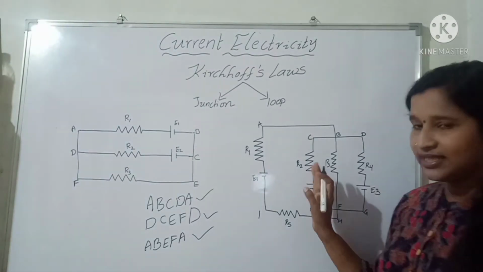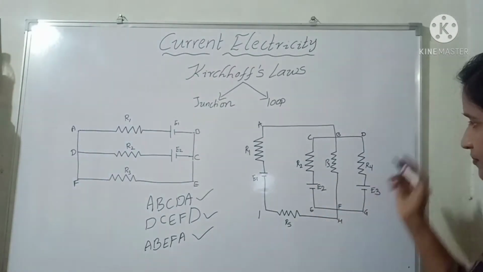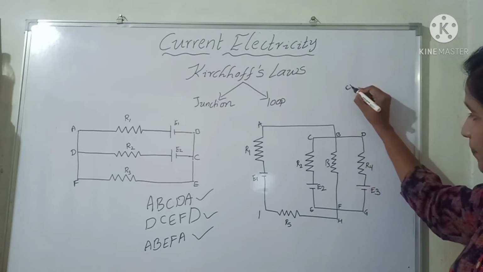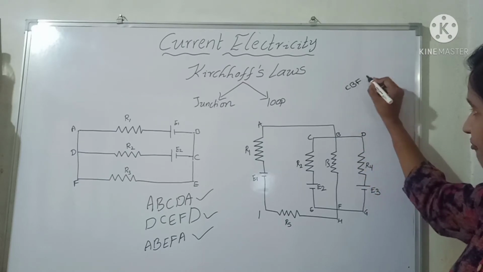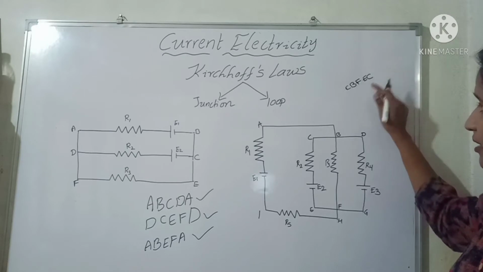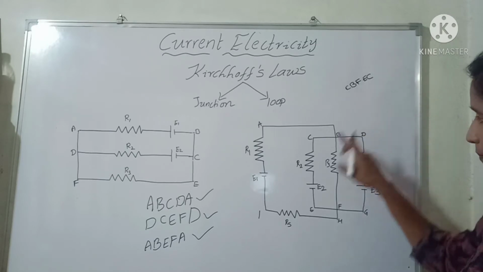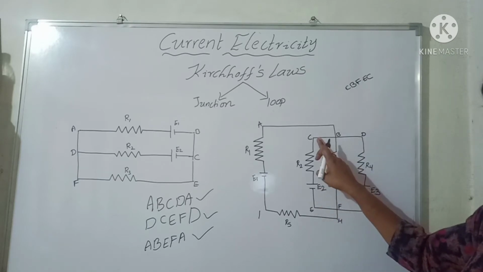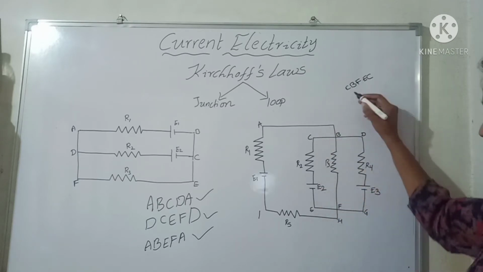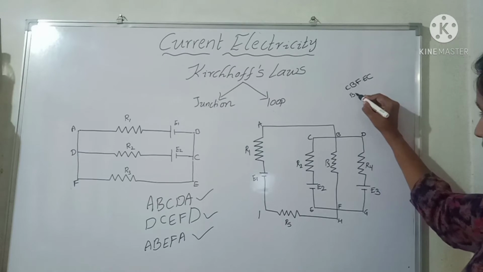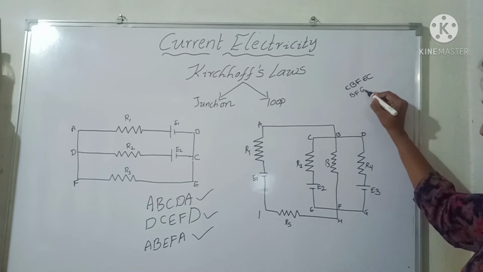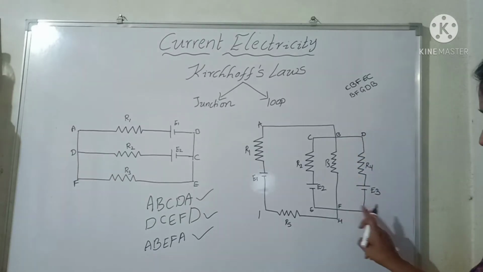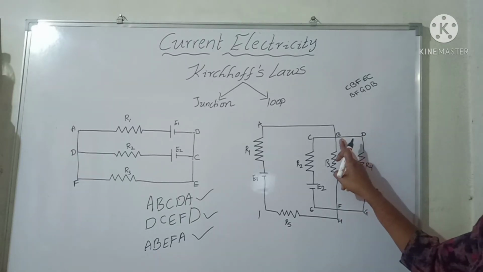Like that, see the second circuit here. C, B, F, E, C we can take as one loop. And the same, like B, F, G, D, B. This is also one loop.